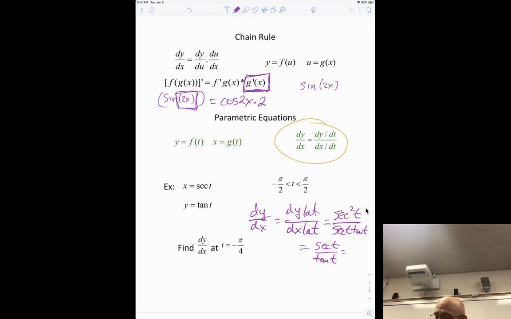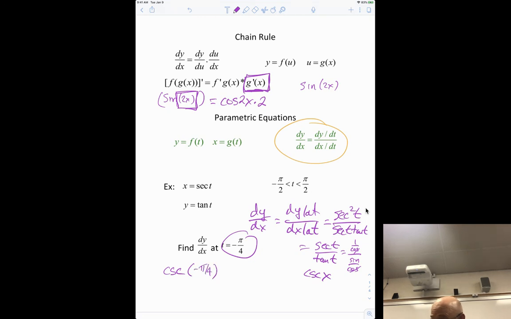So if I simplify, secant is 1 over cosine. Tangent is sine over cosine. So those cosines cancel, and you wind up with 1 over sine, which is a cosecant. And then I ask at negative pi over 4, quick little trig review, cosecant of negative pi over 4.